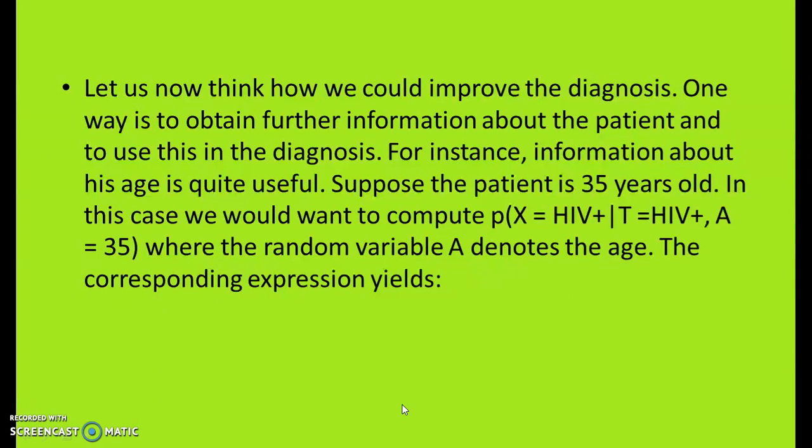In this case, we would want to compute P of X equals HIV positive, given T equals HIV positive and A equals 35, that's the age, where the random variable A denotes the age.